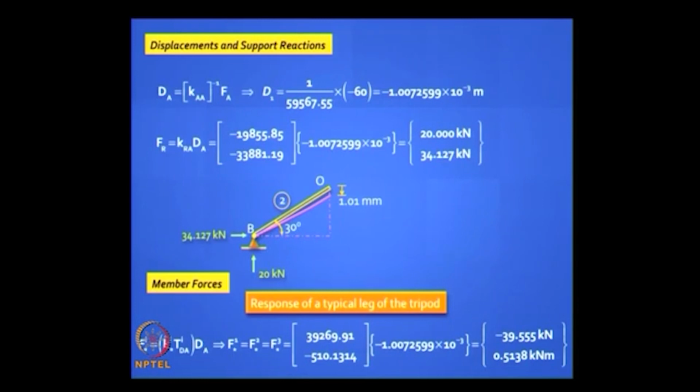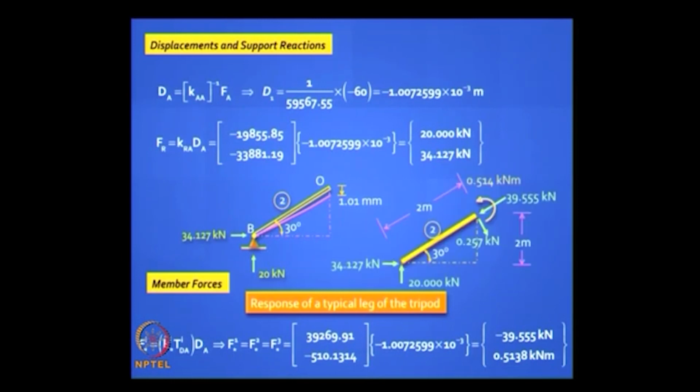What do you get? Instead of 40 kilonewton, you get 39.555, big deal. So you still design for 40. And what are those moments like? Very small, negligible.